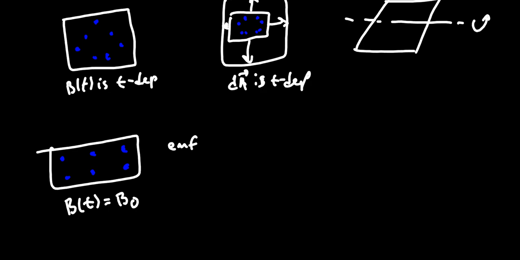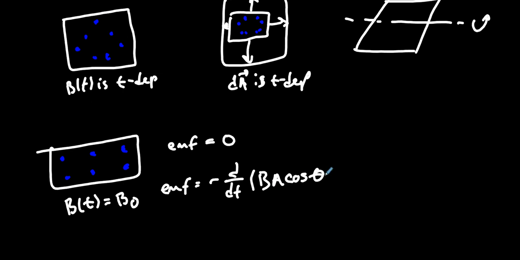That means that we can say that the EMF is equal to 0. The reason is that in uniform space, we can simply write the EMF equal to the negative derivative of BA cosine theta. And our angle is constant, our area is constant, and our magnetic field is constant. So the derivative of a constant is always 0, which means our EMF is 0 for this example.